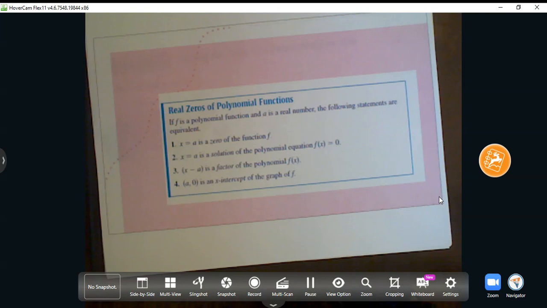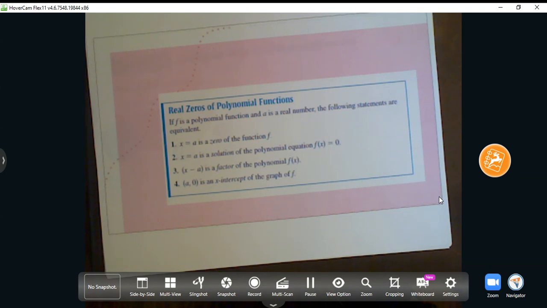X equals a is a solution of the polynomial equation f of x equals 0. X minus a is a factor of the polynomial, and a comma 0 is an x-intercept of the graph. So all of those things mean the same thing. It's just a slightly different way of asking it.